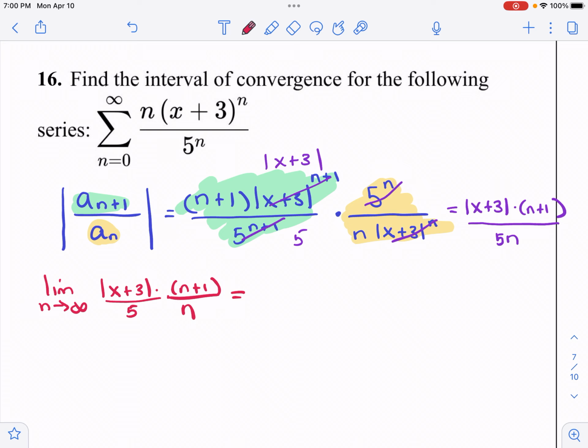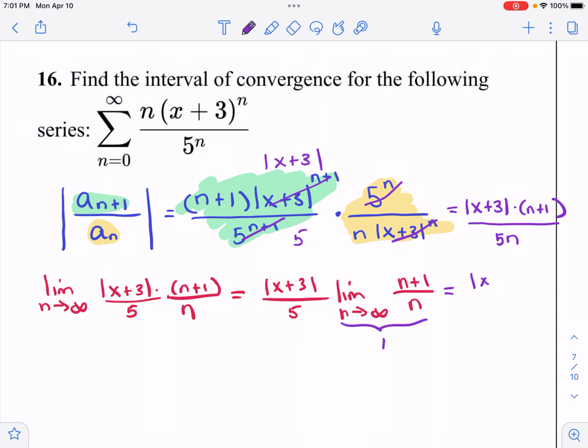One thing I tell my students, anything that doesn't have an n in it, you could always take out. Let me just point that out here. That way you can focus just on the limit. Okay, and so now this expression here, that limit is equal to 1. So it becomes absolute value of x plus 3 divided by 5 times 1.